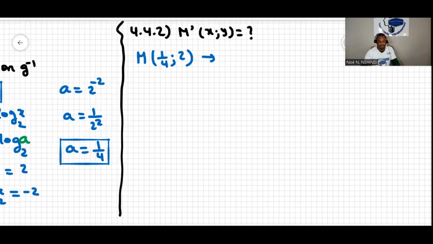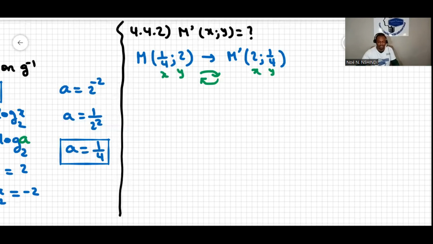Therefore, M prime will have coordinates 2 and a quarter. So x becomes y, y becomes x. Here is the x coordinate, that the y coordinate, and that will be the x. It will reverse. Switch variables.